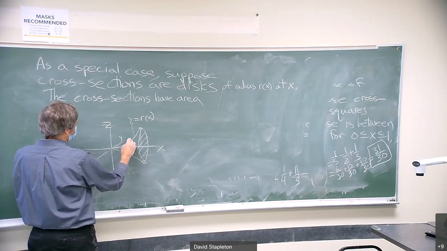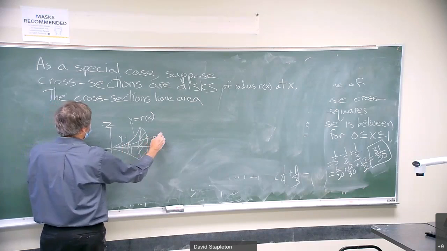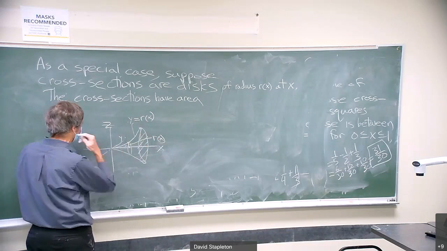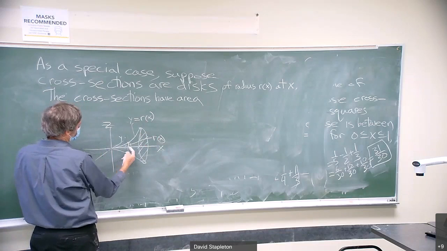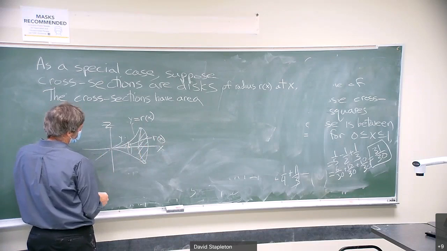At each cross section, the height of the function is r of x, because it's the function y equals r of x. And I put r of x because it's the radius of the circle.